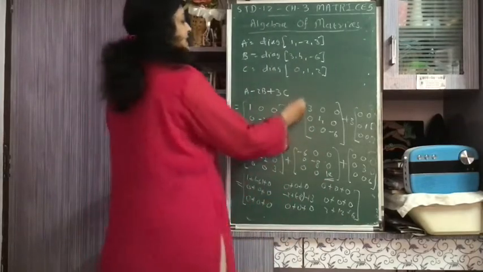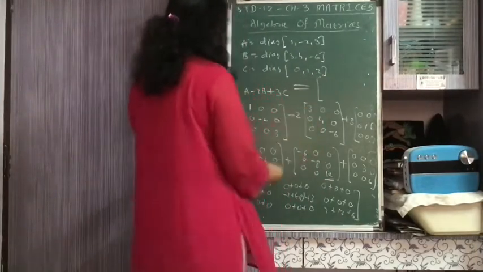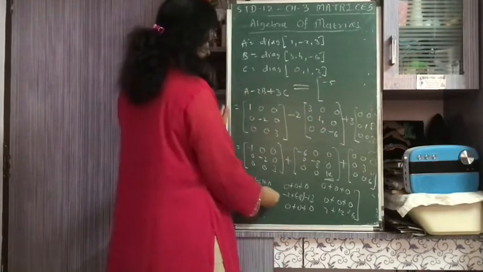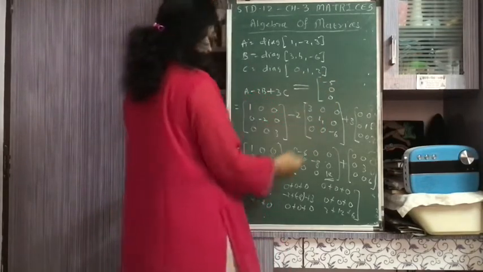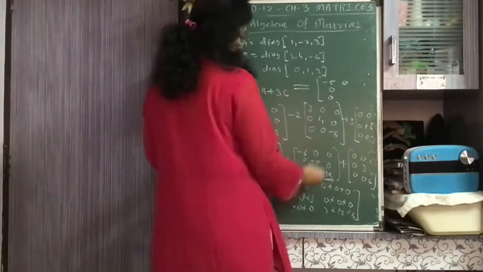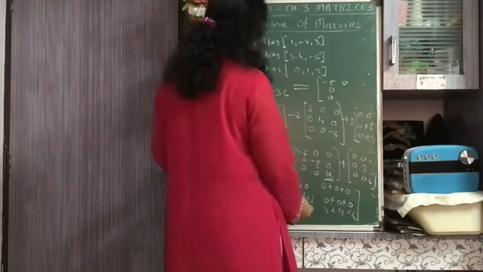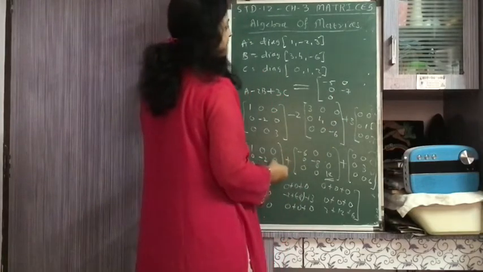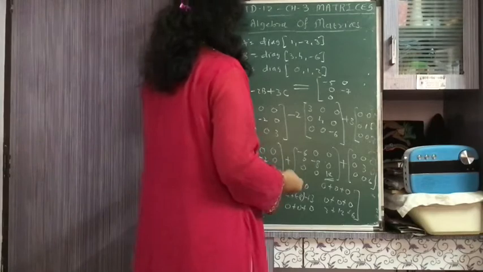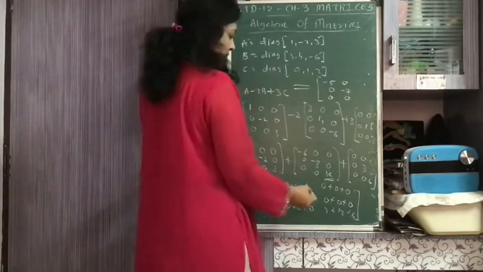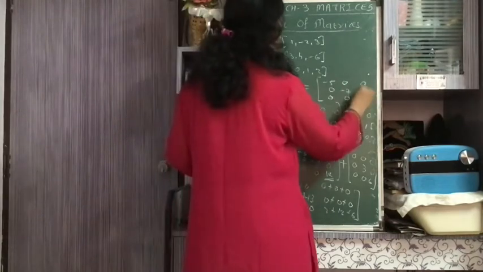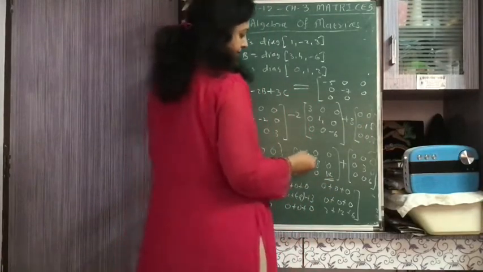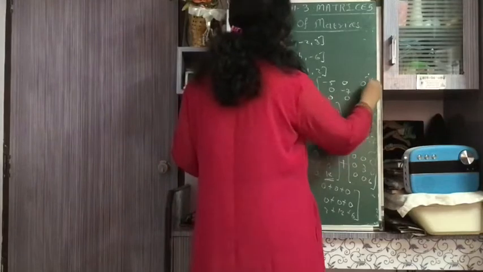So what do we get the resultant as? 1 plus minus 6 is minus 5, 0 plus 0 plus 0, this is 0, minus 2 minus 8 is minus 10 plus 3 is minus 7, and this is 0, this is 0, 0 and 21.